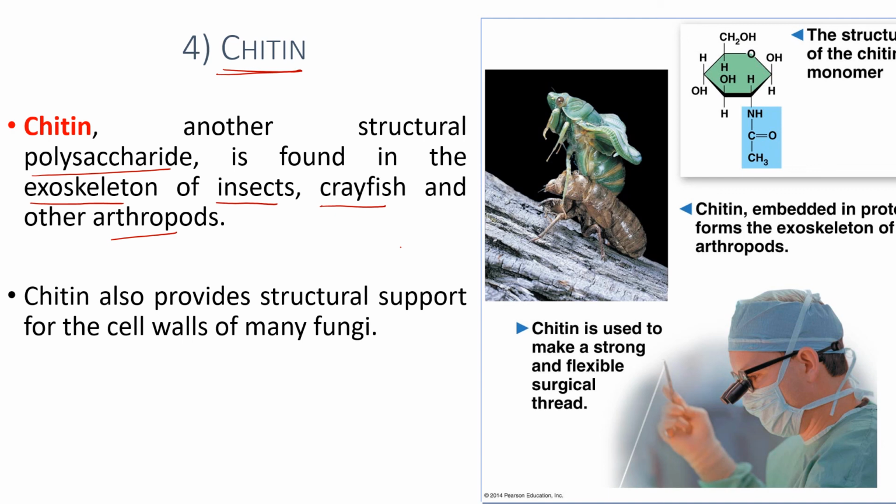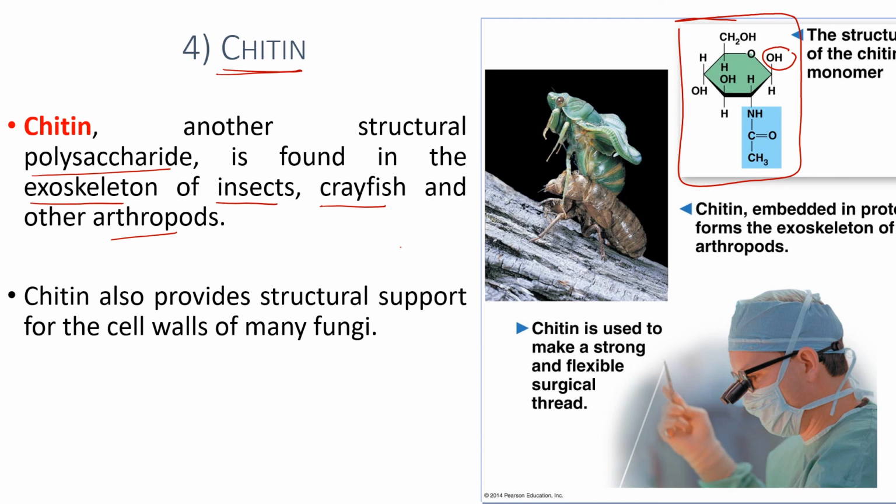If you look at this diagram, these are the monomers that form chitin. The monomer is similar to the structure of beta glucose, because the hydroxyl at carbon number 1 is located above the plane of carbon number 1.